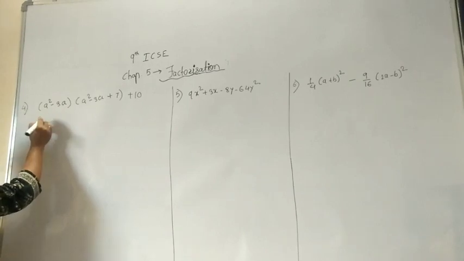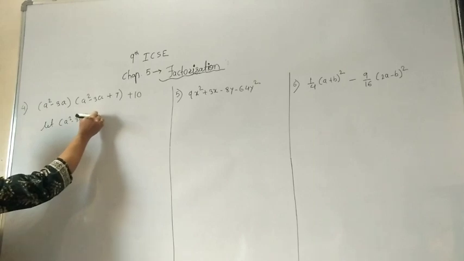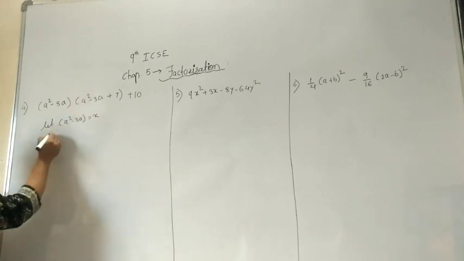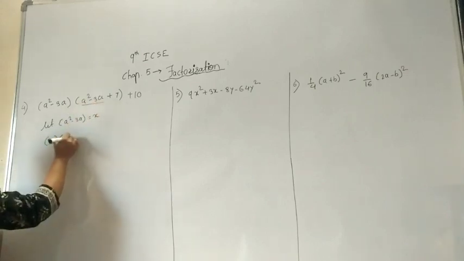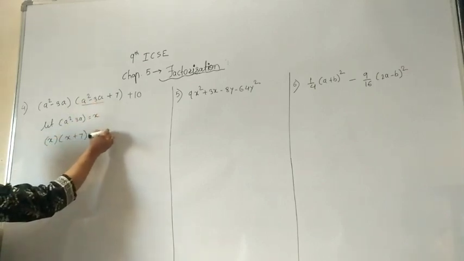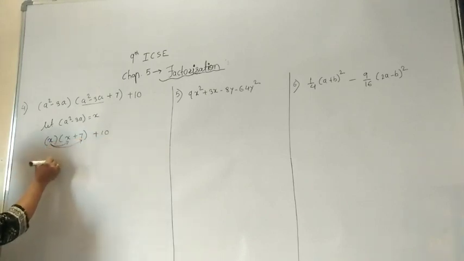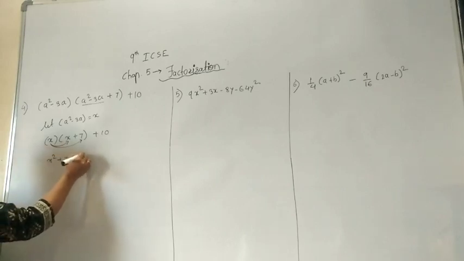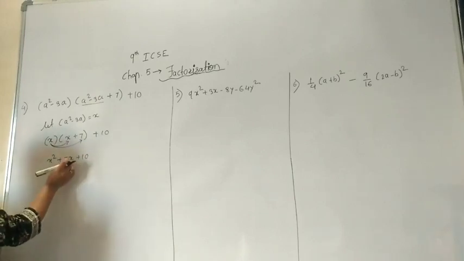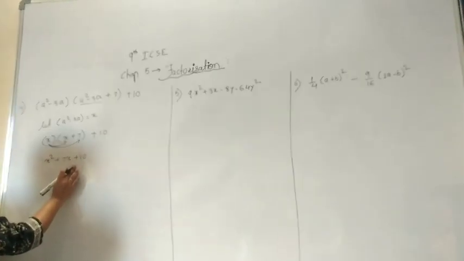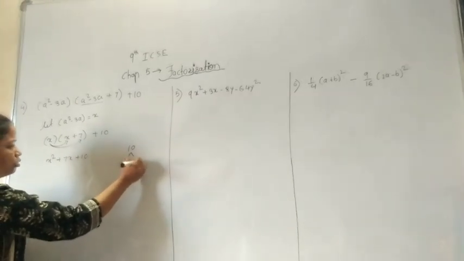Let's consider in this question, let a square minus 3a as x. So this question will become x in the other bracket, this is also x plus 7 plus 10. So x is multiplied here and here, so x square plus 7x plus 10. Now in this question we have to split the middle term, by finding two numbers whose product is 10 and sum is 7. 5 and 2.